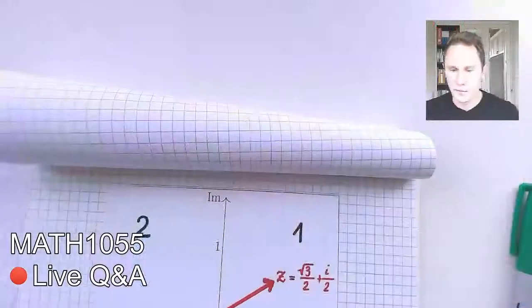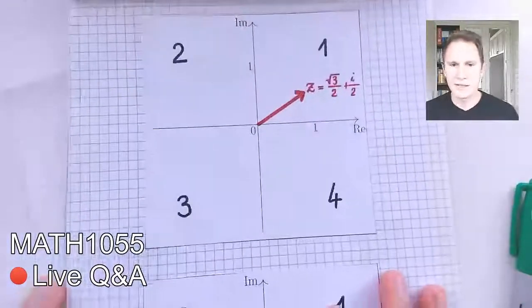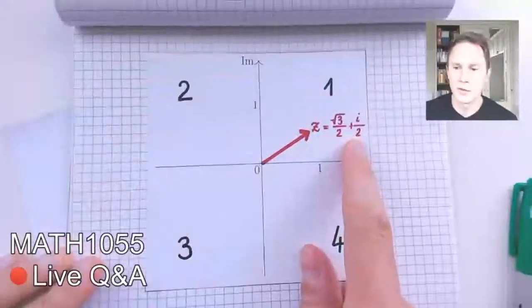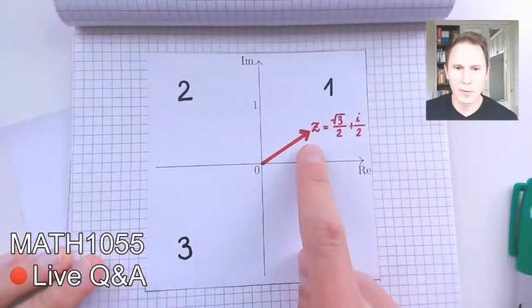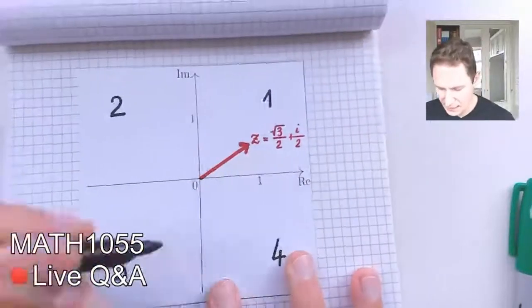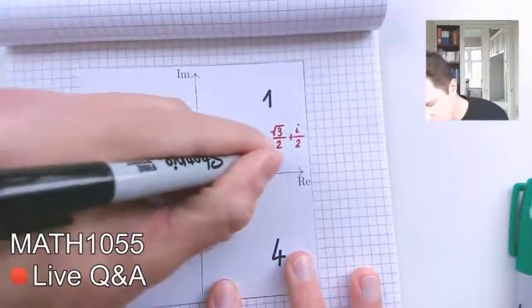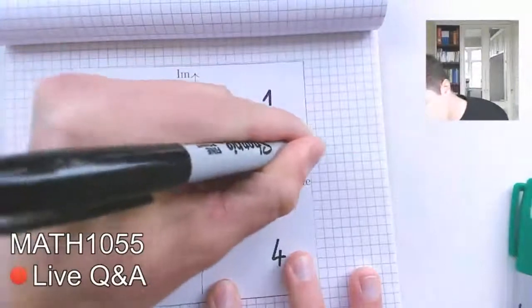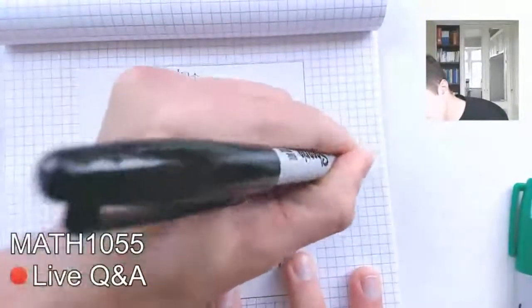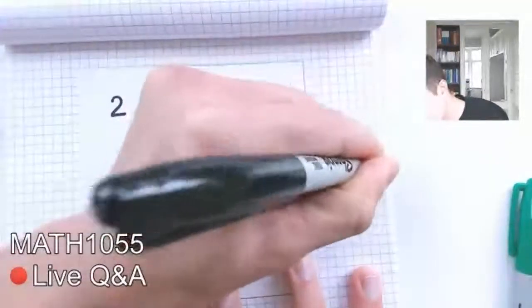Where is it? So this one, yes. So here is the number √3/2 plus i/2. This was the number that we had to consider. You can rewrite this number as the cosine of pi/6 plus i times the sine of pi/6.